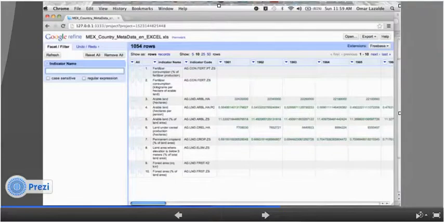And from our data, it looks like in fact, it's doing quite well. As you can see, the permanence of cropland has actually been increasing over the years, and the amount of attainable land for agriculture is also increasing.